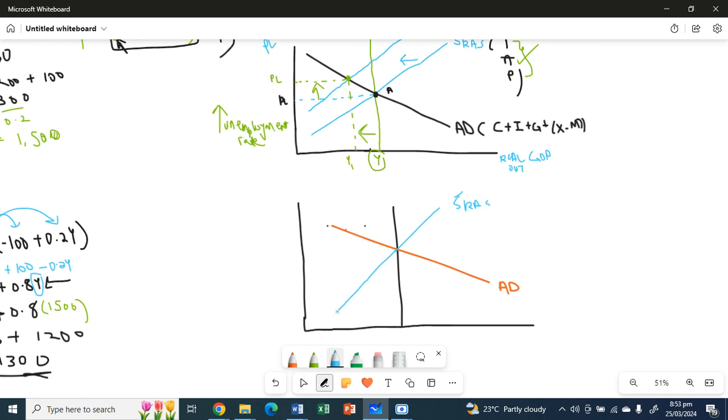Since this new seed increases the harvest, it means we can supply more. So the short run aggregate supply curve is going to shift to the right. Let's see what happens to the price level.